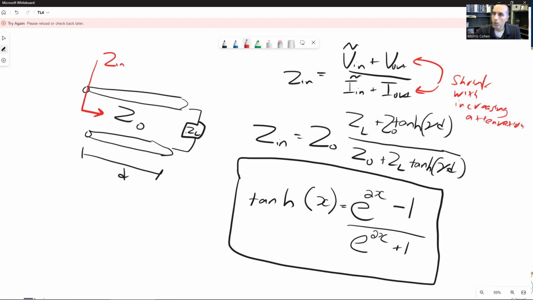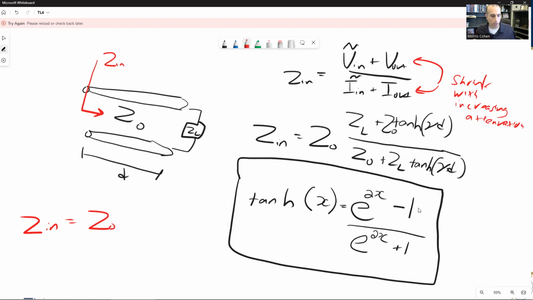So for very high attenuation transmission lines, we're going to expect Zin to just settle out to be Z0, because we've killed the reflection. Nothing is coming back to the source. That works out to be the case if you plug in a gamma that reflects high attenuation. Then these will be gone, and Zin will equal Z0.